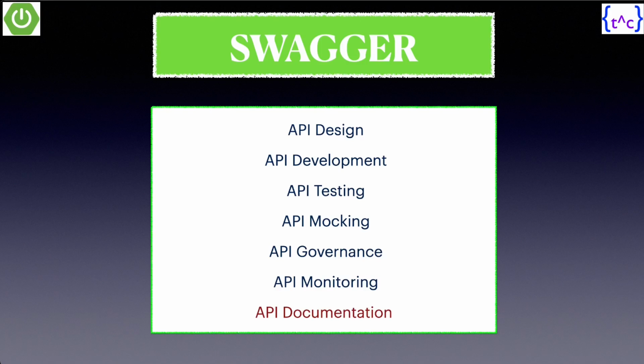But API documentation is one area where Swagger has really got lots and lots of popularity, and the reason will be very clear once I walk you through the complete demonstration, because then as a developer, you'll be able to quickly relate and understand. It has really taken all the pain of manual documentation away and automated the stuff for developers. I've listed here the majority of the capabilities of Swagger. Let's quickly move towards API documentation and see how Swagger helps us there.